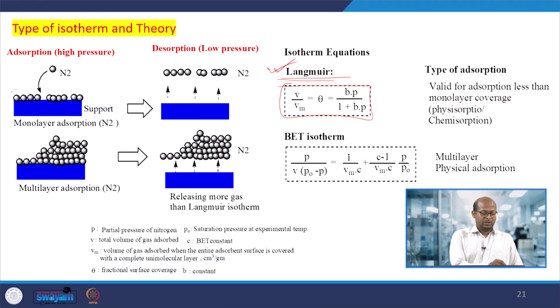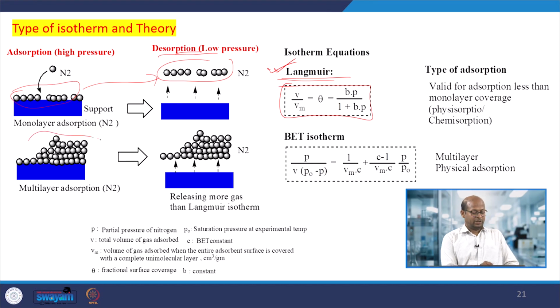Here you can see the nitrogen gets adsorbed, forming monolayers during adsorption. During desorption, when the pressure is low, the molecules that were adsorbed come out from the surface. Here there are multi-layers of nitrogen at 77 kelvin that get adsorbed, forming multi-layers.